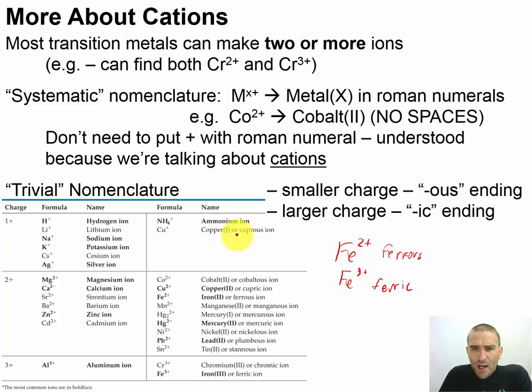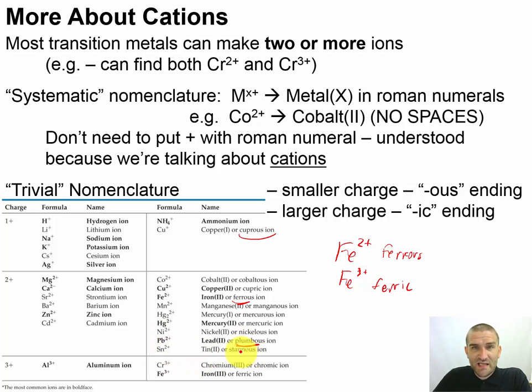Like copper was cuprum, cuprous, cupric, again. Ferrous for iron. Let's see, we have plumbous for lead. Where do you think the word plumbing came from? Plumbum. They made lead pipes way back when, before they knew that that was slowly killing them.